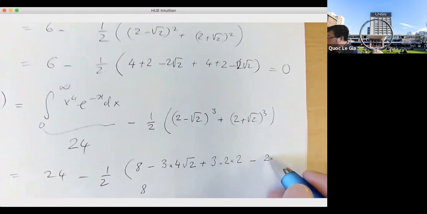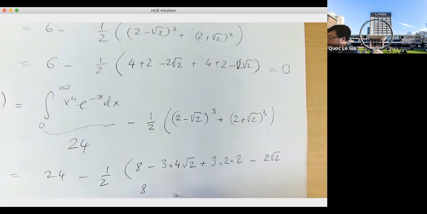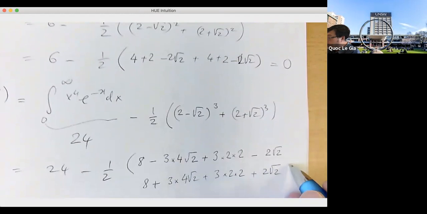And then for the next one you have 8, no, sorry, and then minus, root 2 cubed, which is just 2 root 2. And then the next one will be 3 times 4 root 2 plus 3 times 2 times 2, and plus 2 root 2.